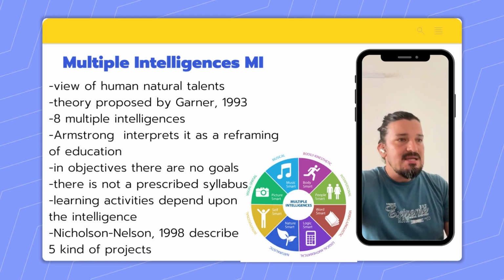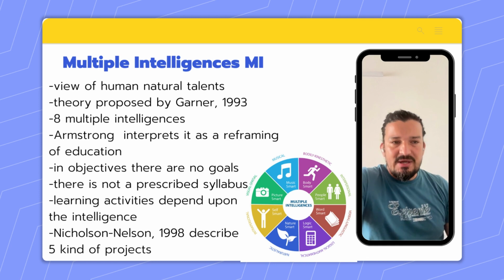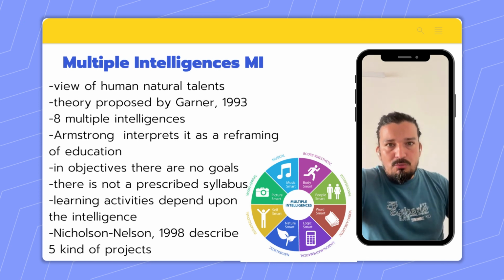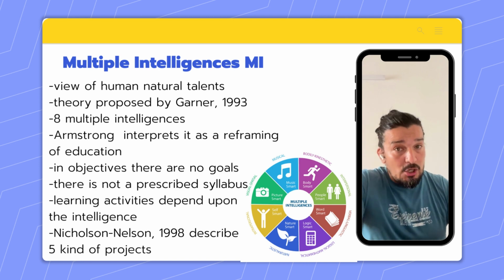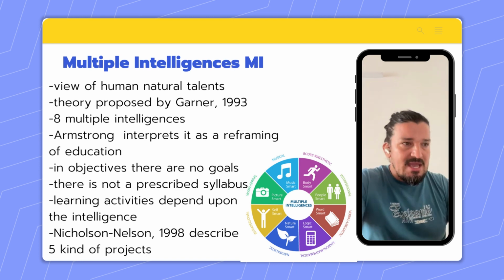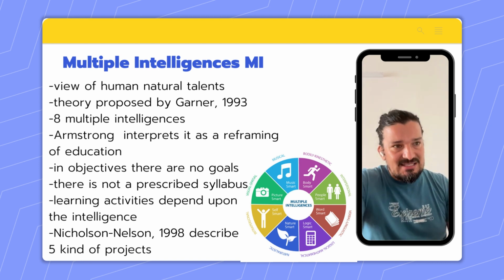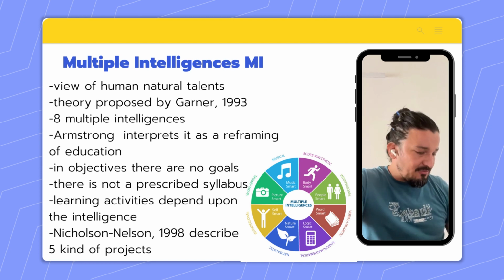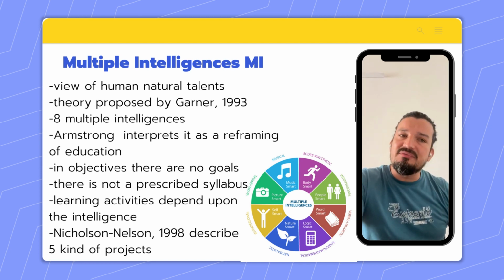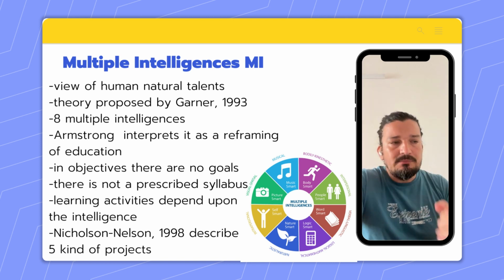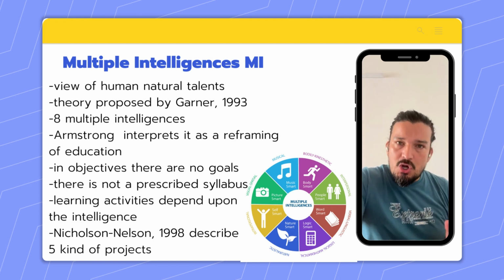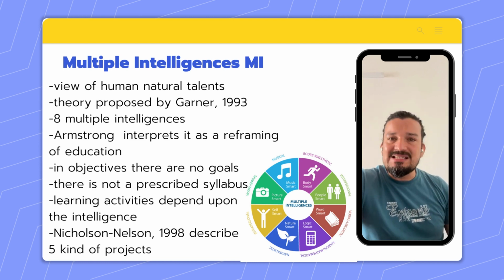The number 1 is awakening the intelligence. What is it? Well, through multisensorial experiences, you start the learning experience. The second one is amplifying the intelligence. What is it? It's by defining and amplifying the definitions and properties of objects. The third one is teaching with and for the intelligence.